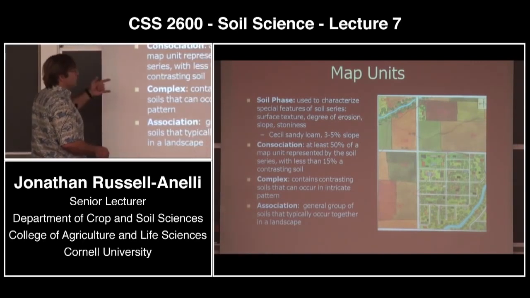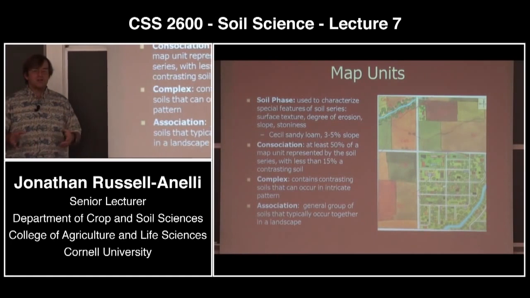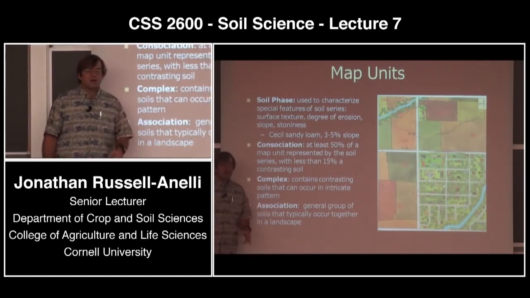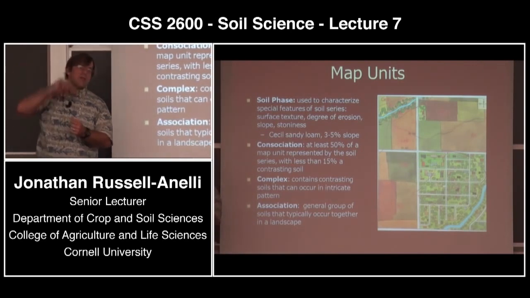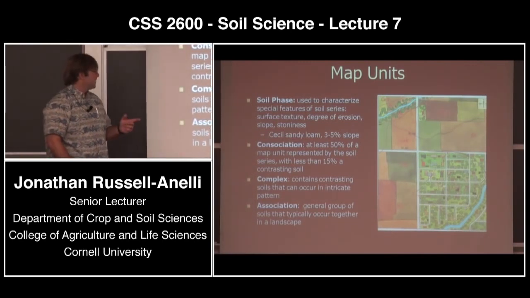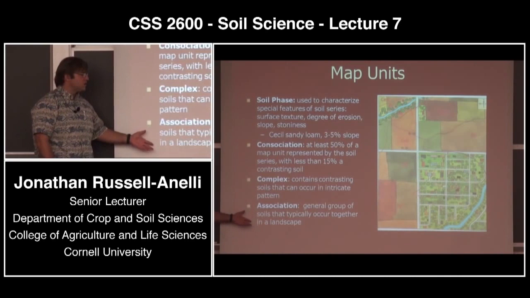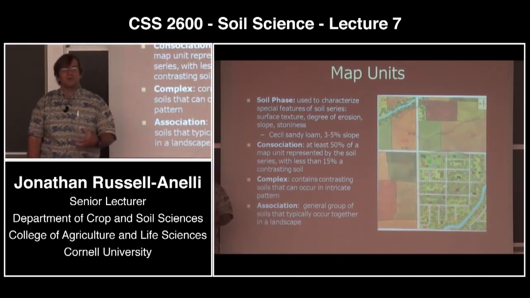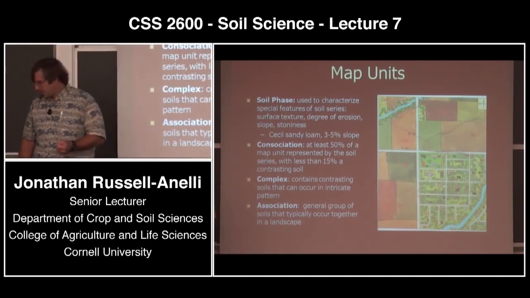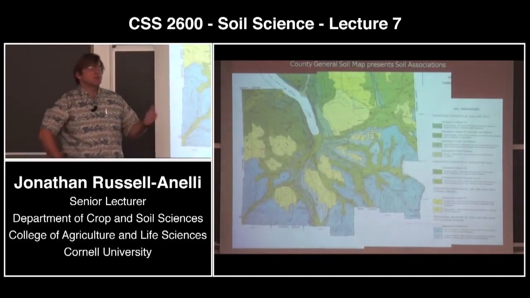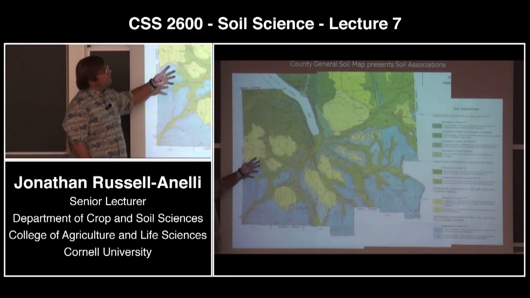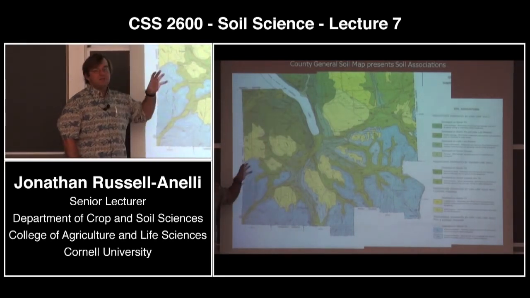We also have complexes, where we have contrasting soils that consistently occur in a very intricate pattern, so intricate that we can't map it. And then we also have associations, where we have general groupings of soils that typically occur together in that landscape. This is an association map for Tompkins County. All these different codes, these colors, are not an individual soil.